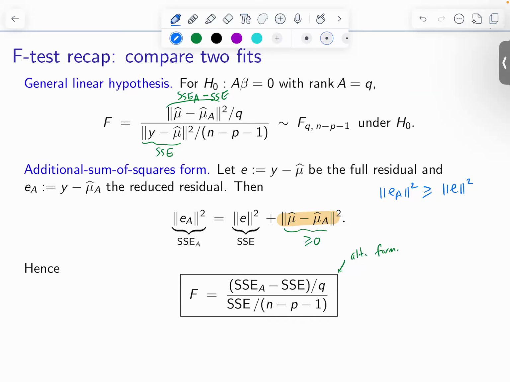The reduced model makes more errors, or is unable to explain as well as the full model, because you have restrictions on the beta. In other words, the subspace is reduced, so the projection you're allowed to make has less freedom, and it loses some components of y that you otherwise would be able to explain.